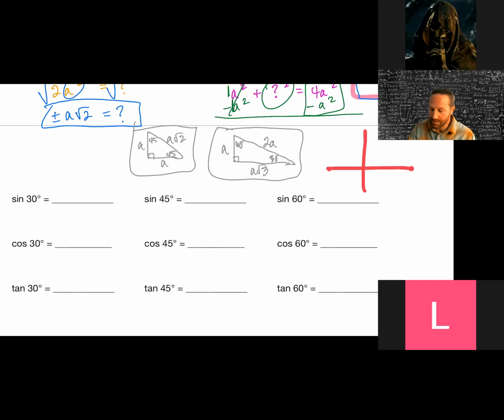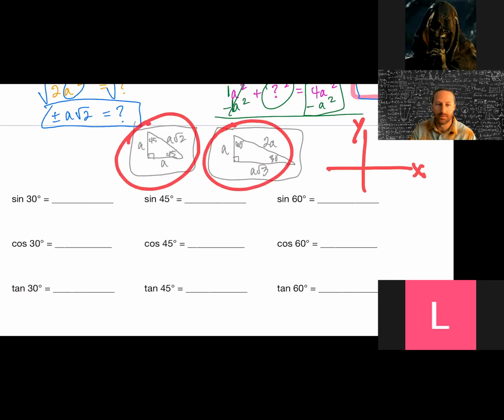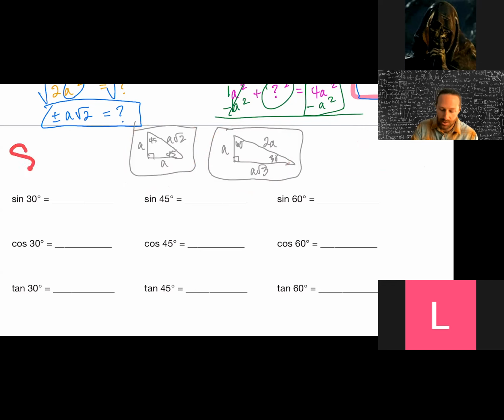Good, but the y, x, and r stuff only work when we're on our x and y axis, which we are definitely not, right? So that's where the SOH-CAH-TOA also comes in handy. Again, most of the time we'll be on our axes, but sine we know is the opposite over what? Hypotenuse. And because this is a 1a and this is a 2a, what can we do to that to simplify?